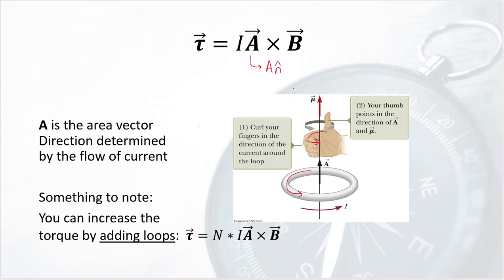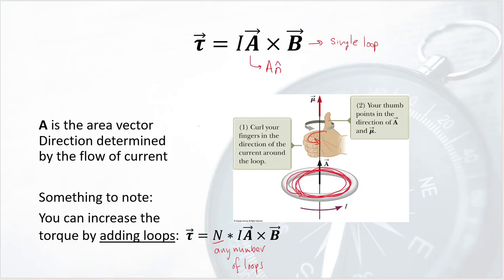So what this represents then is another way of expressing torque for a single loop, whereas this version here can be any number of loops. And the idea is that you can just stack loops on top of each other in a nice big coil.